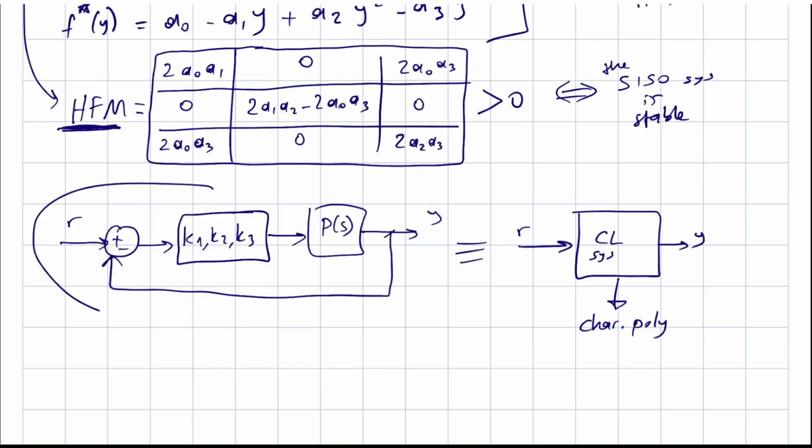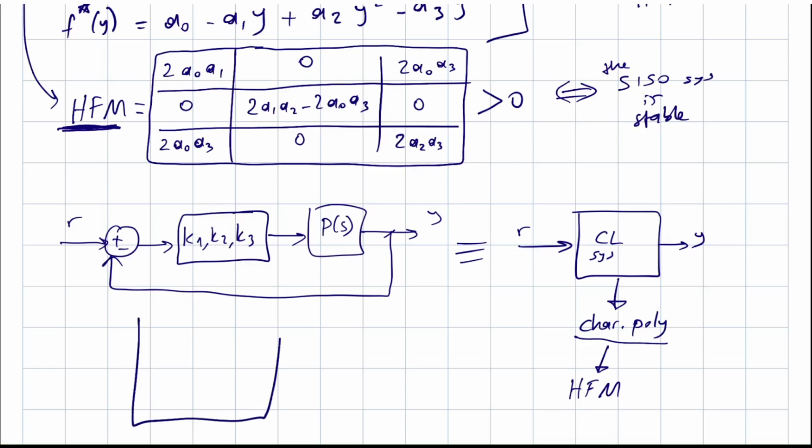You have this type of closed-loop control system, and then you will have this closed-loop SISO system. Then you will get the characteristic polynomial, and then you will get the Hermite-Fujiwara matrix. What do you think the structure of that matrix will be?